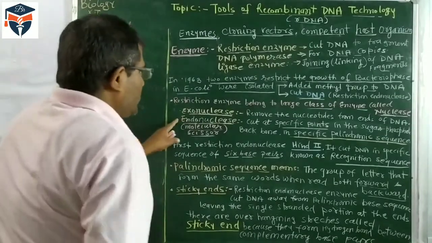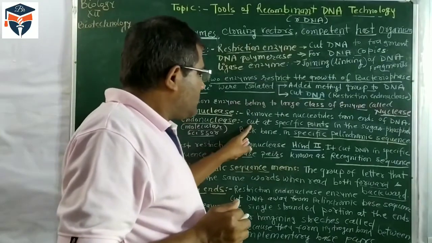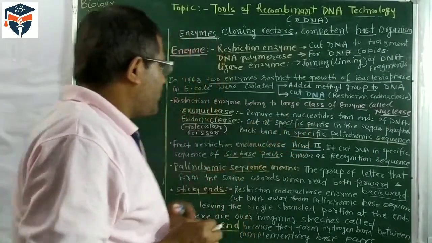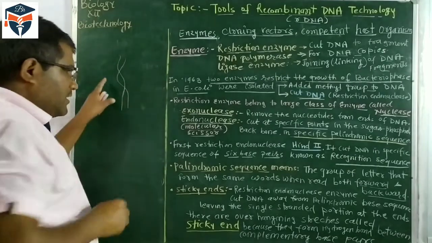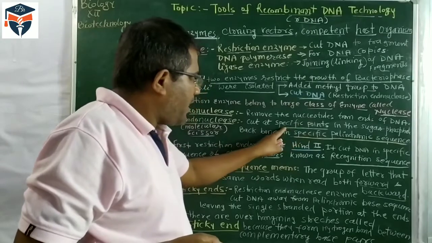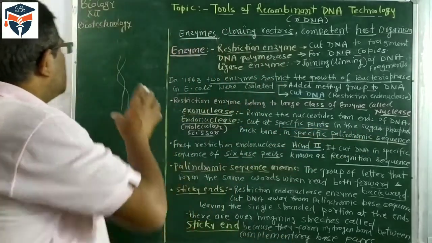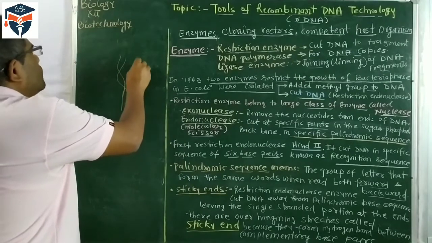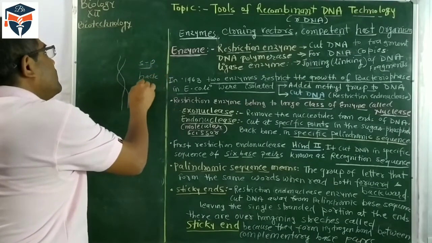So endonuclease enzyme, what is the function? It cuts the DNA at a specific point. Suppose this is the DNA molecule, and it cuts at a specific point in the sugar phosphate backbone. Sugar and phosphate molecules form the backbone in DNA.